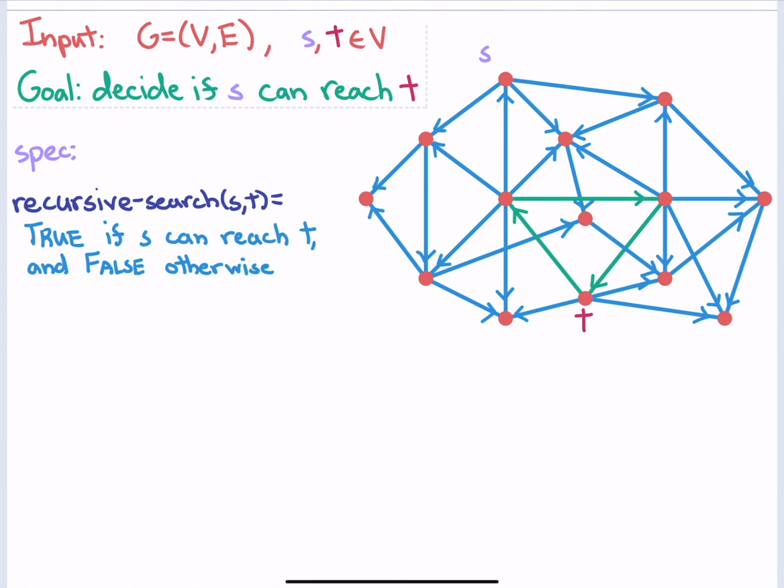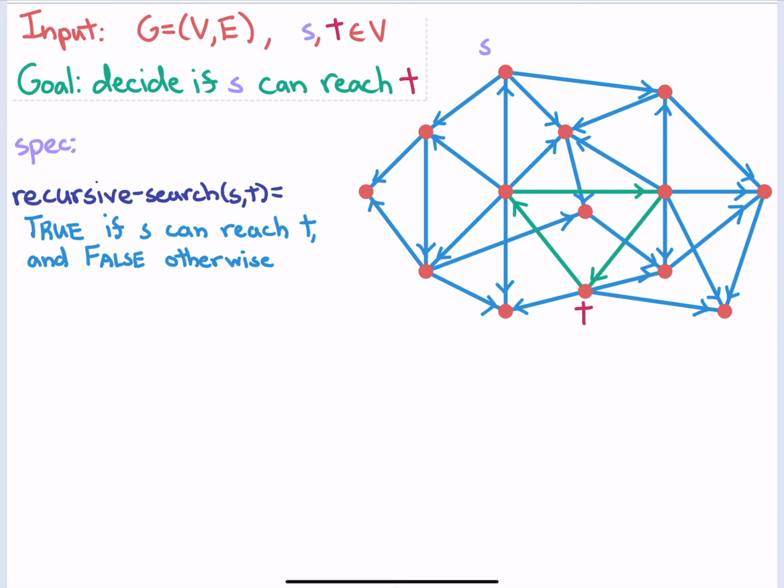Let's try to go about this problem from first principles. I know many people have seen some of this stuff before. But imagine we did the kind of thing that we've been doing for the first couple of weeks. I'm going to look at a slightly more restricted problem where I have S and T in the input, and I just want to know if S can reach T. I might try to write a recursive algorithm for this because that's what we always do.